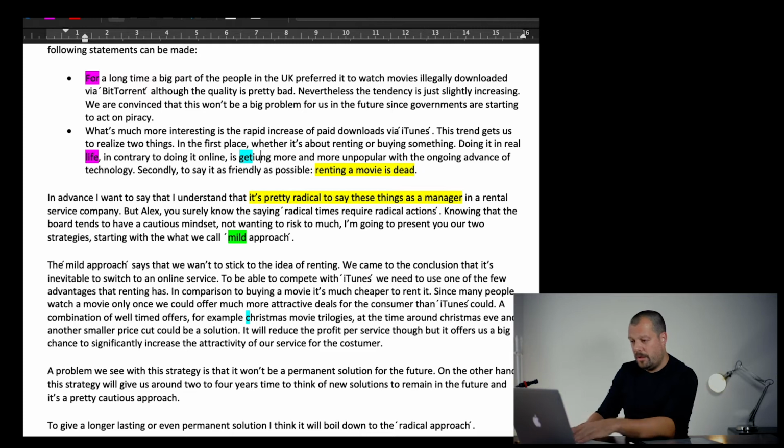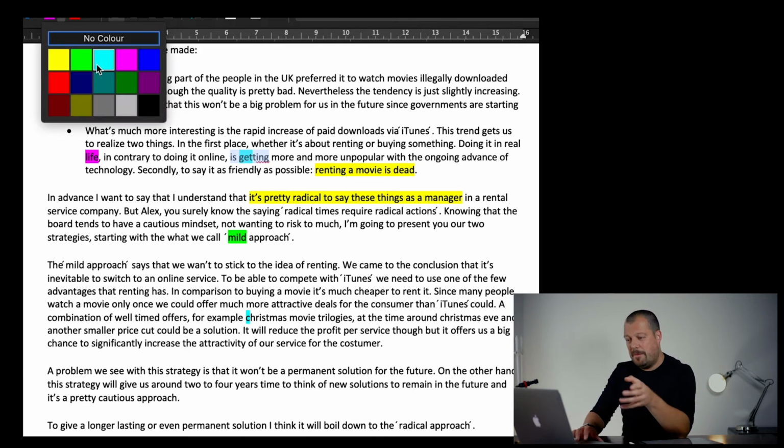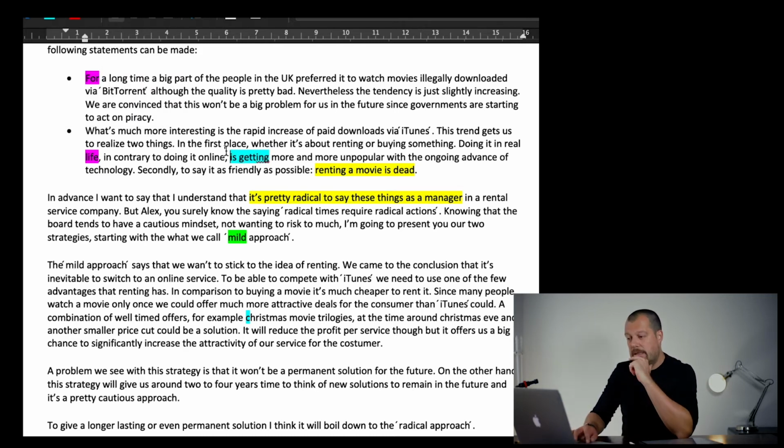Because we're talking about something which is a temporary process or event which is happening right now. If it just gets more and more unpopular, that will be something that is permanent, is always the state. But we're talking about something which is specifically happening now.